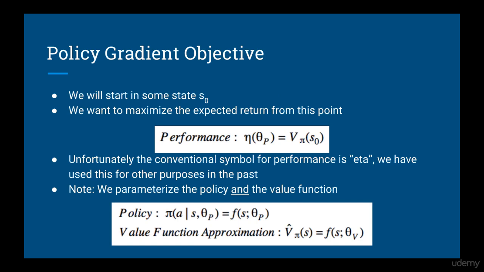Just remember that eta in this course means policy objective, which we usually call the performance. Note that theta p here means the parameters we are using to parameterize the policy. We are subscripting the policy parameters with p, since the value function will also have a set of parameters which we'll call theta v.